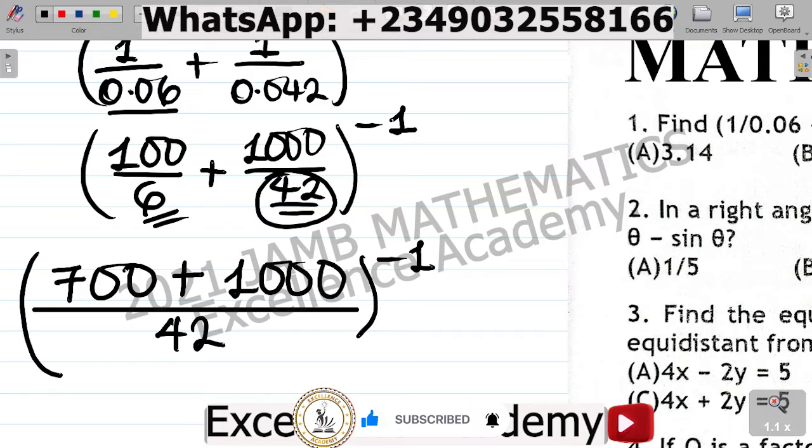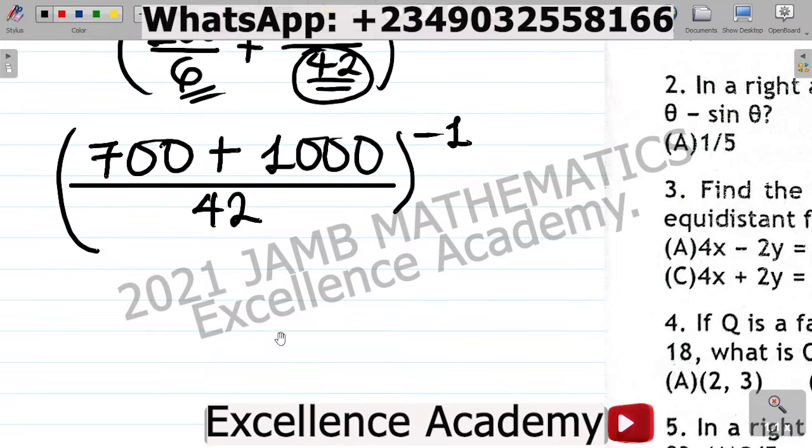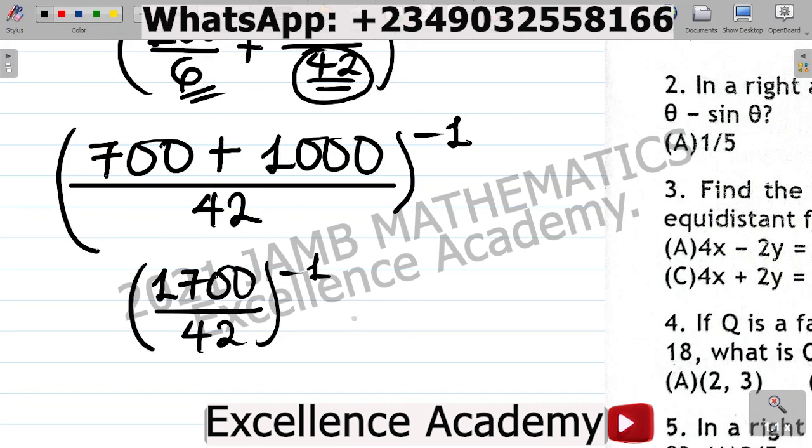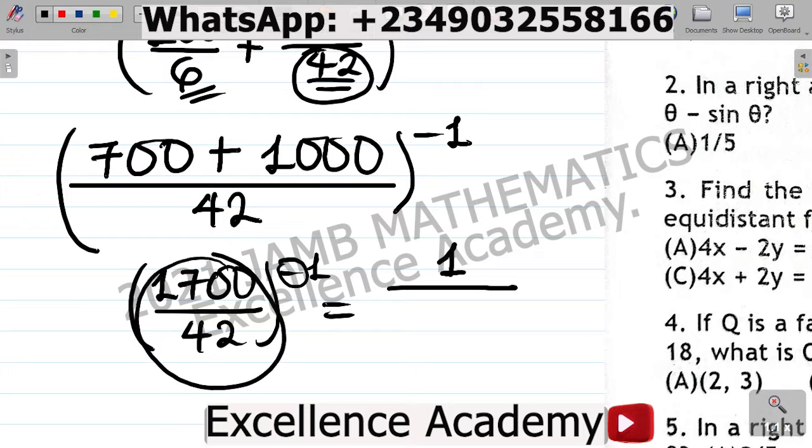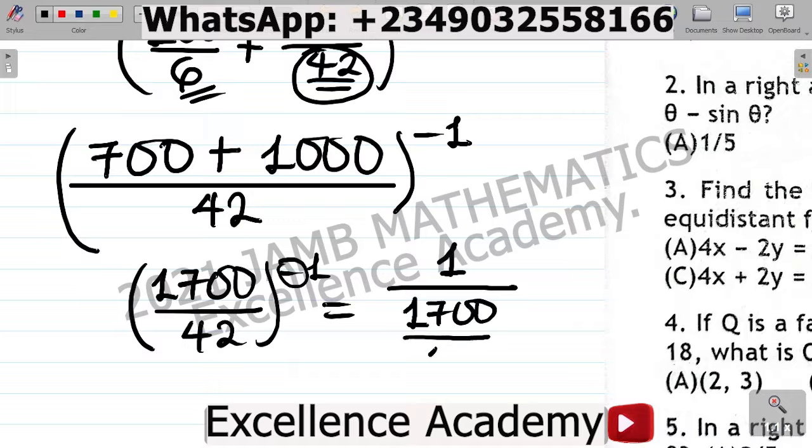All right, proceeding with this. If I add up the numerators, 700 plus 1000 gives you 1700 divided by 42, this to the power minus 1. To eliminate the minus here, I'll take an inverse. So it becomes 1 all over what I have in the bracket, that's 1 all over 1700 all over 42.